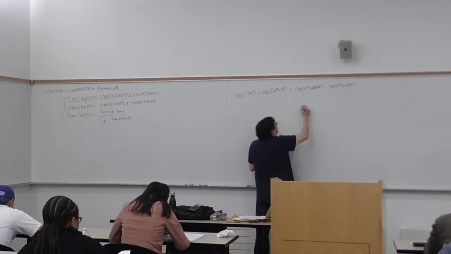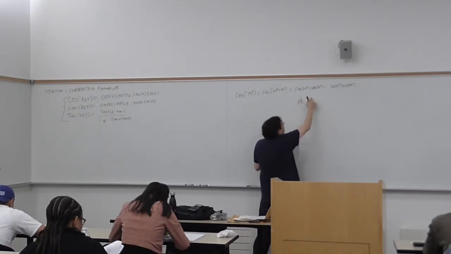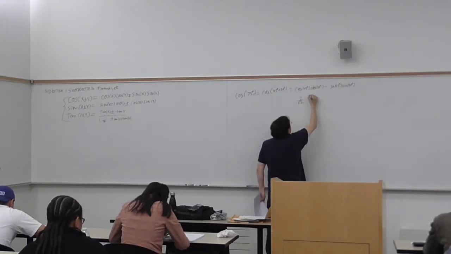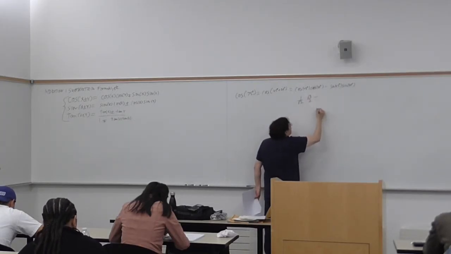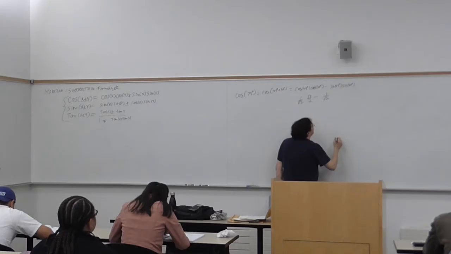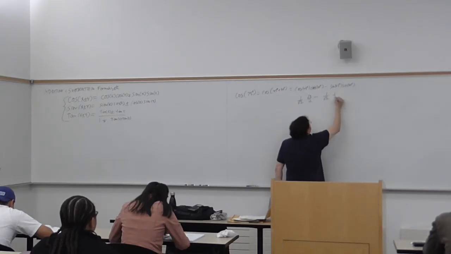Well, cosine of 45 degrees is 1 over the square root of 2. Cosine of 30 degrees, square root of 3 over 2, minus sine of 45, which is again 1 over the square root of 2. Sine of 30 degrees is a half.